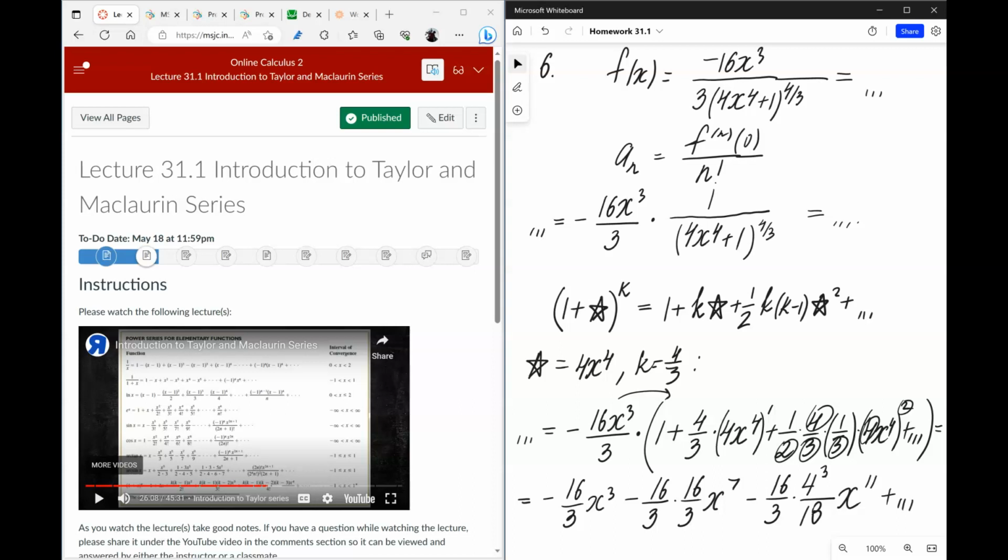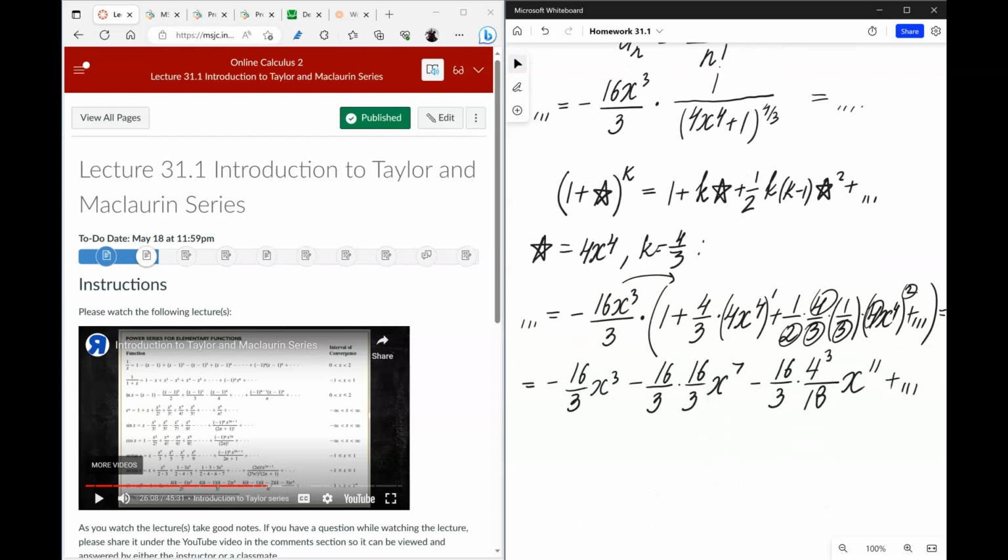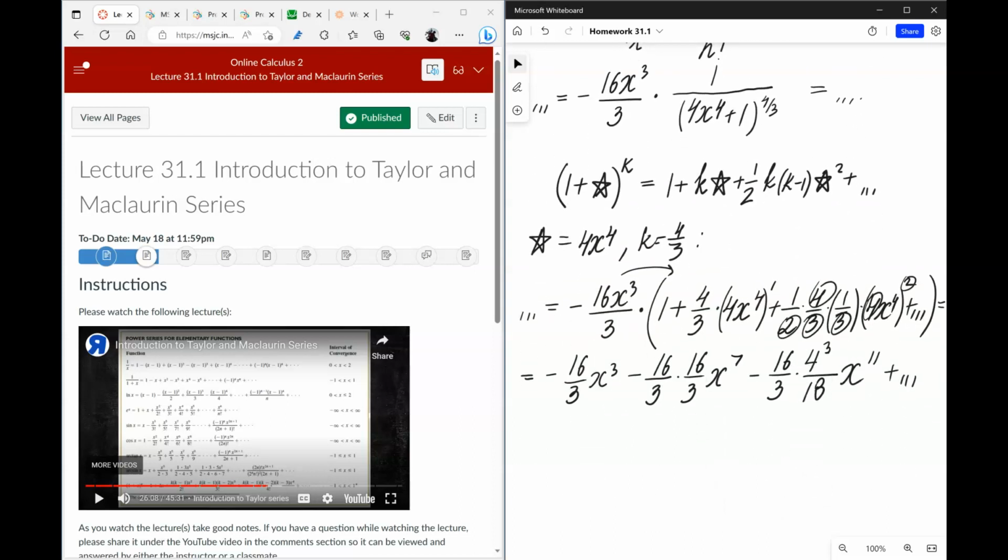Is this the best way? Let's see. I don't know, actually. Let's type this up.